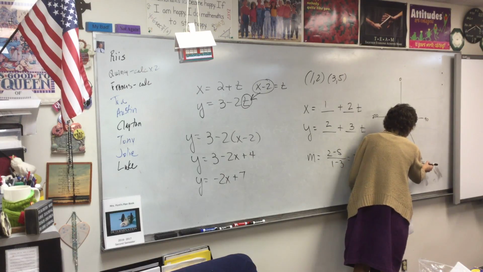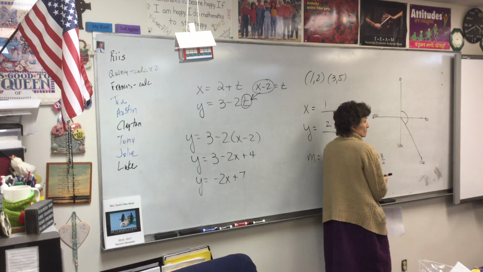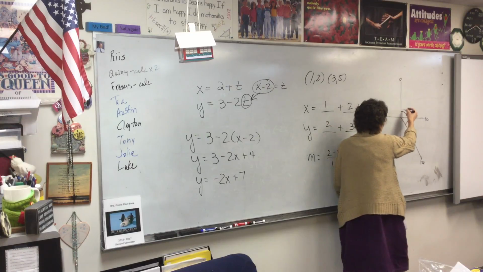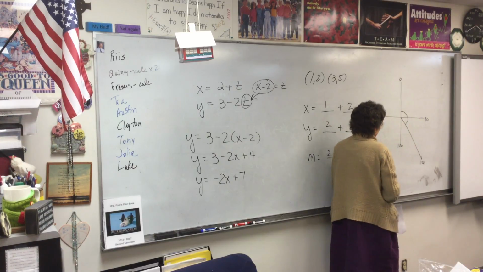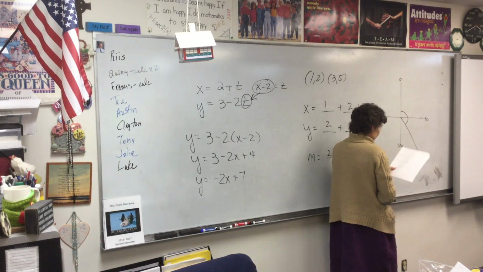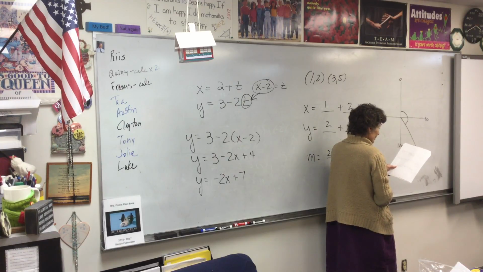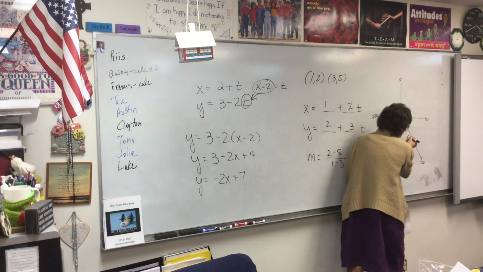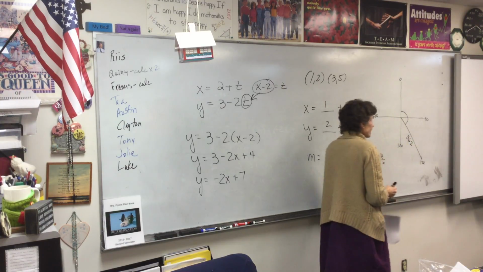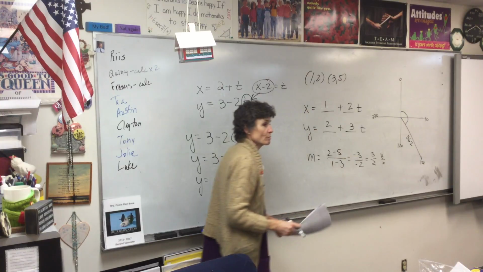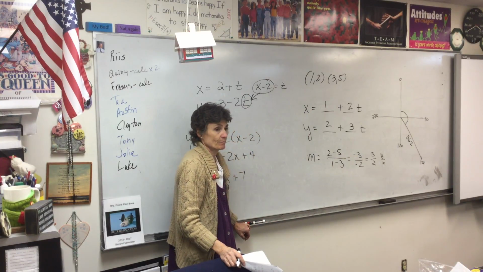Everybody in agreement? Now, the velocity of that airplane is 362. So that means the length of the vector is 362.